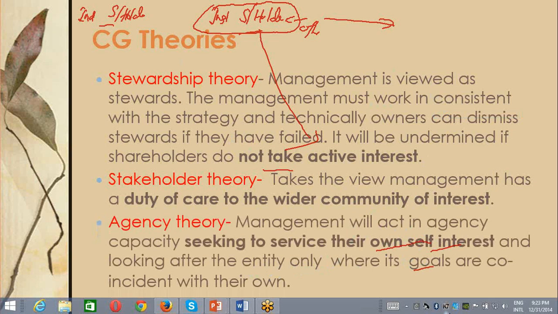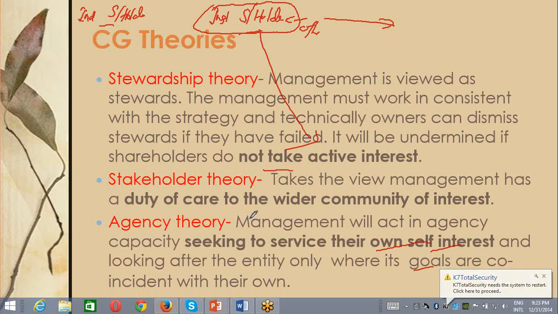So all these theories are very much in force, and normally I would believe stewardship theory is the right way to work it through. When you talk about risk management, it's all about good governance. Good governance is all about risk management, internal controls, accountability, and managing things in an ethical and effective way.